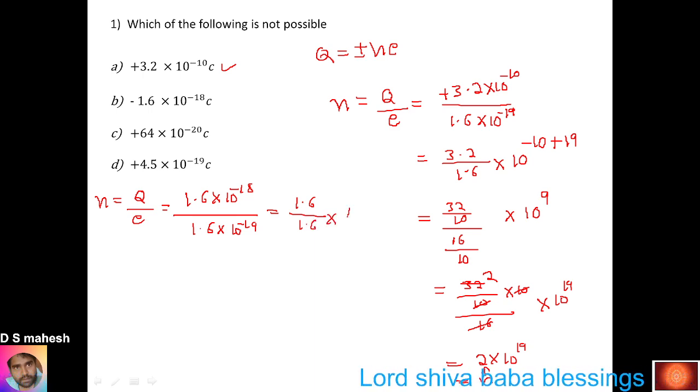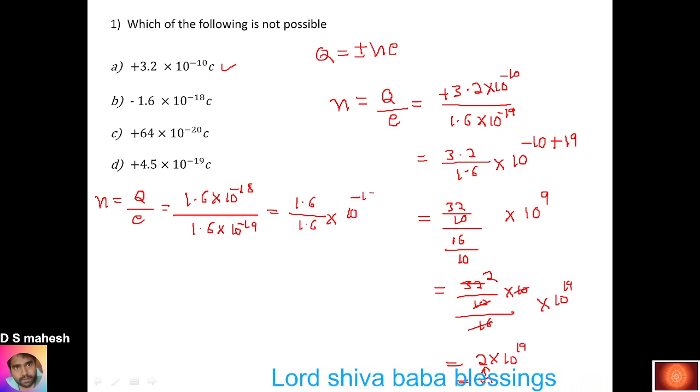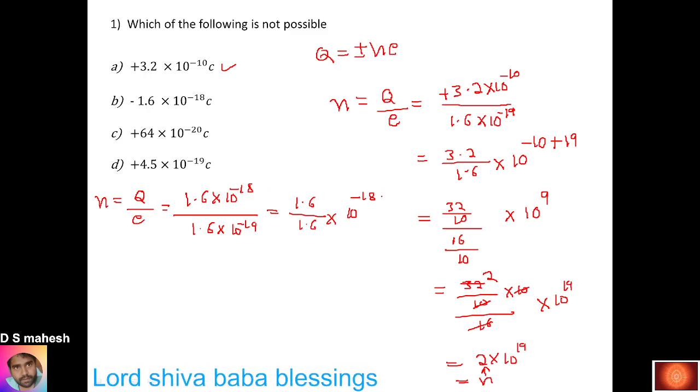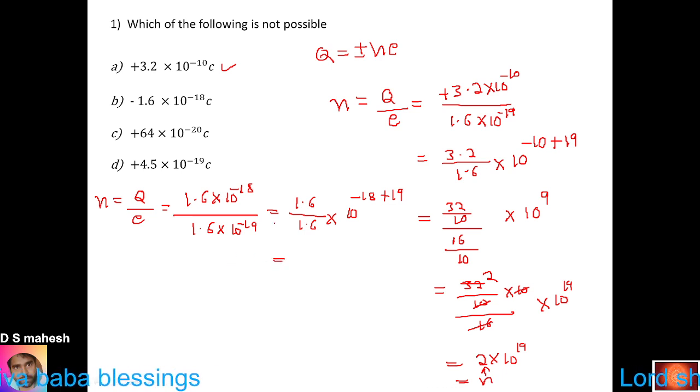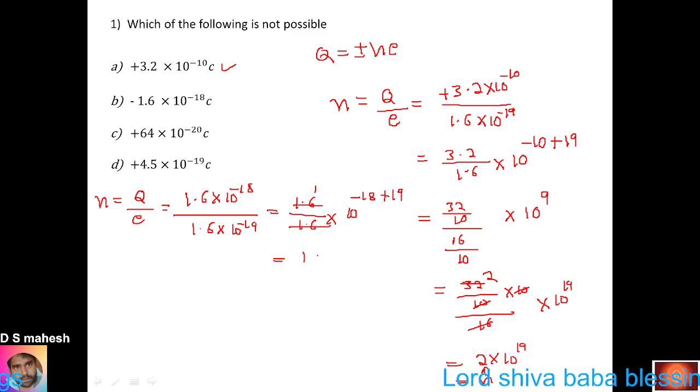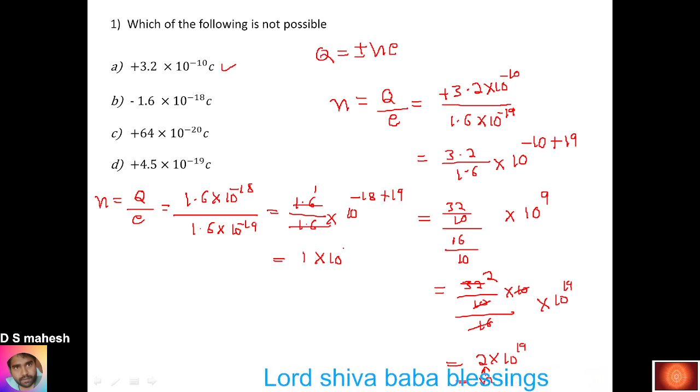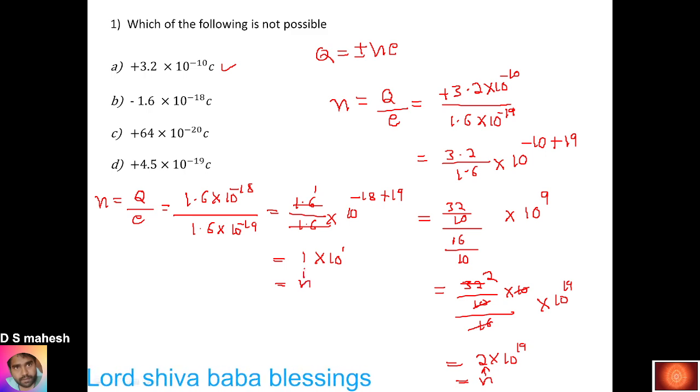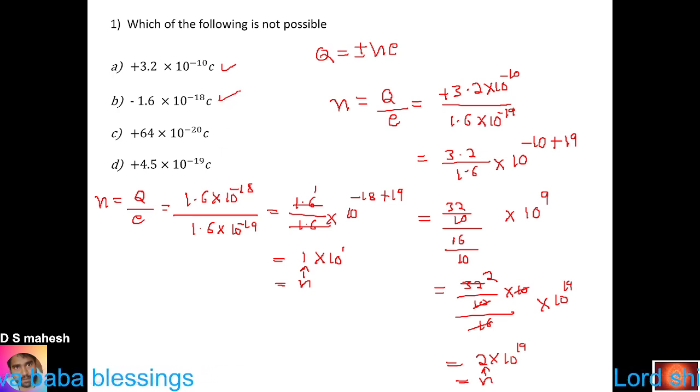When minus 19 comes to the numerator, it becomes plus 19. So 1.6 divided by 1.6 is 1, into 10 to the power of minus 18 plus 19, which is 10 to the power of 1. So again here n is equal to 1, which is an integer. So this is also possible.